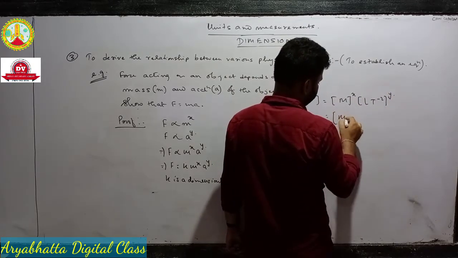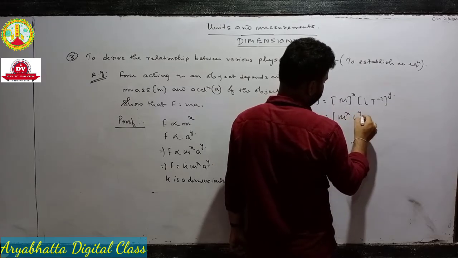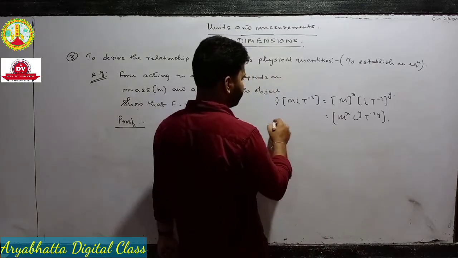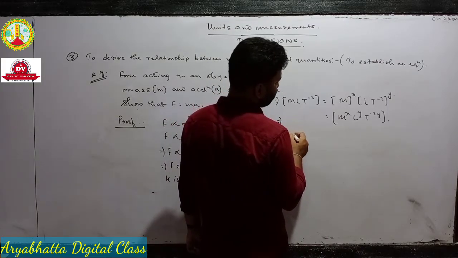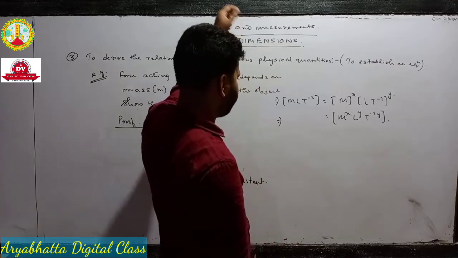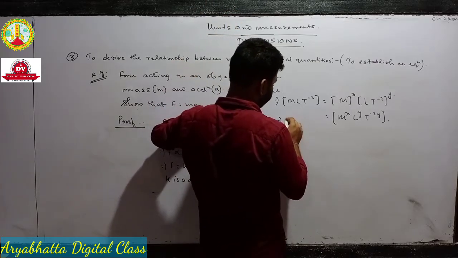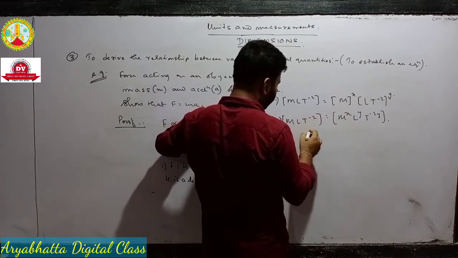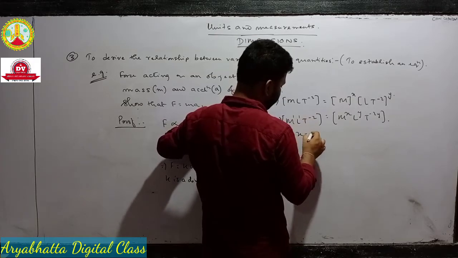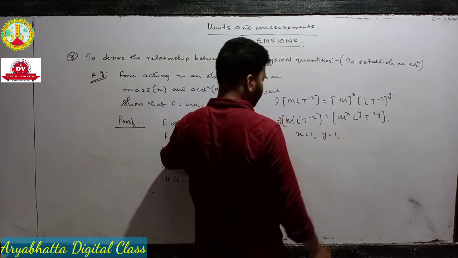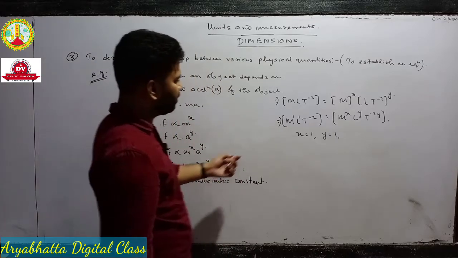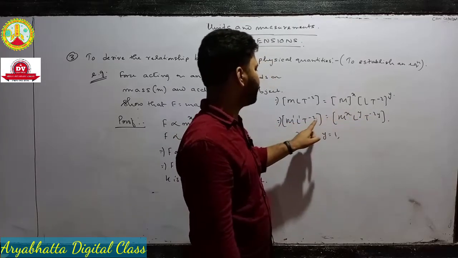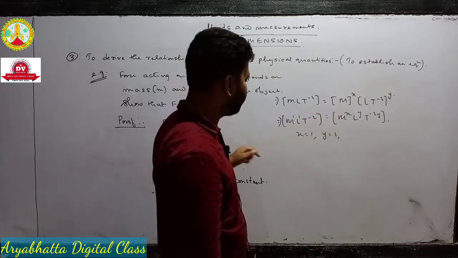So it will be M to the power x, L to the power y, T to the power minus 2y is equal to M L T to the power minus 2. So compare both sides. Here the power is 1, so the value of x will be 1 and the value of y will also be 1. Compare, M to the power 1, M to the power x, so x will be 1. y is equal to 1, minus 2y is equal to minus 2, minus minus cancel, so y equal to 1.